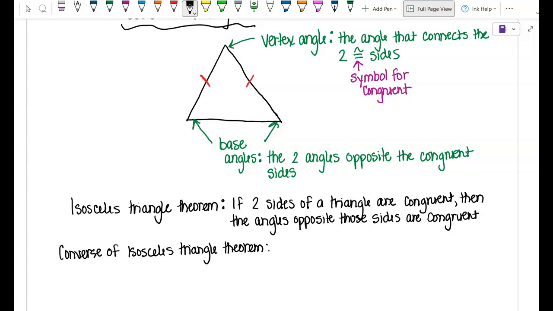That says if two angles of a triangle are congruent, then the sides opposite those angles are congruent.